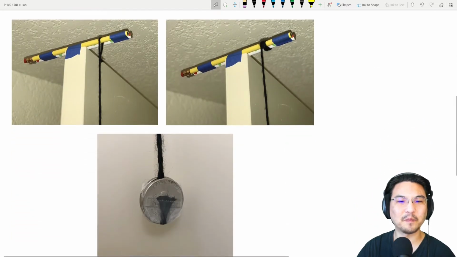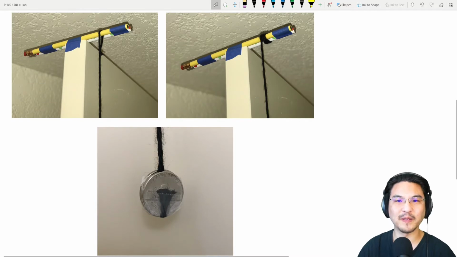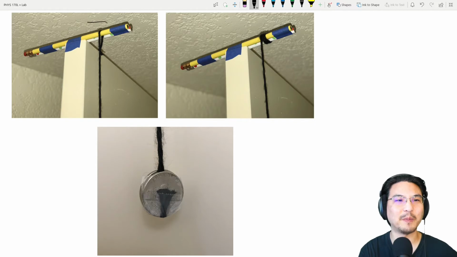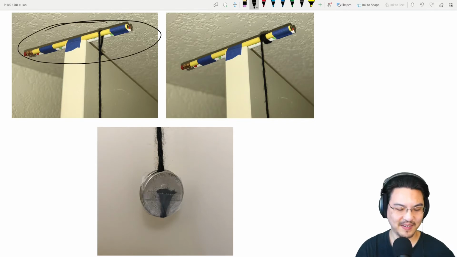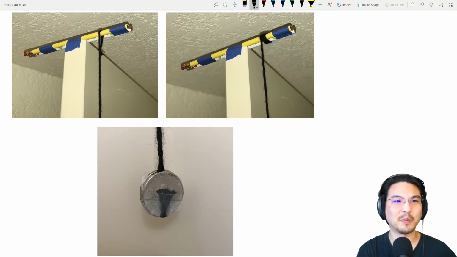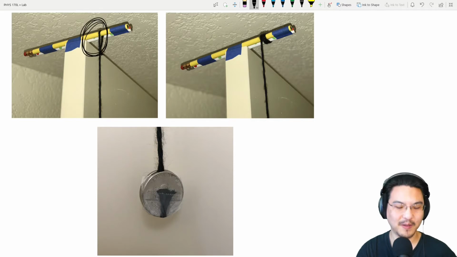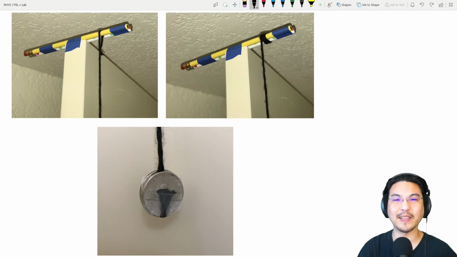For example, for the hinge portion of the pendulum, I just taped two pencils together, and then I looped the string around one of them, because my thinking was to adjust the length of the string.